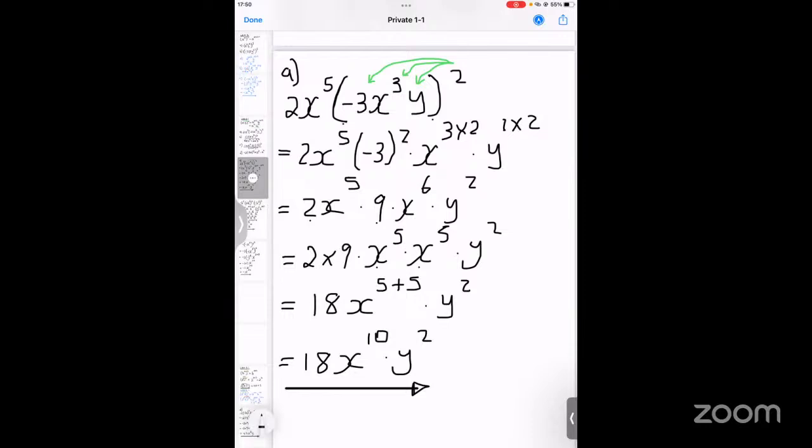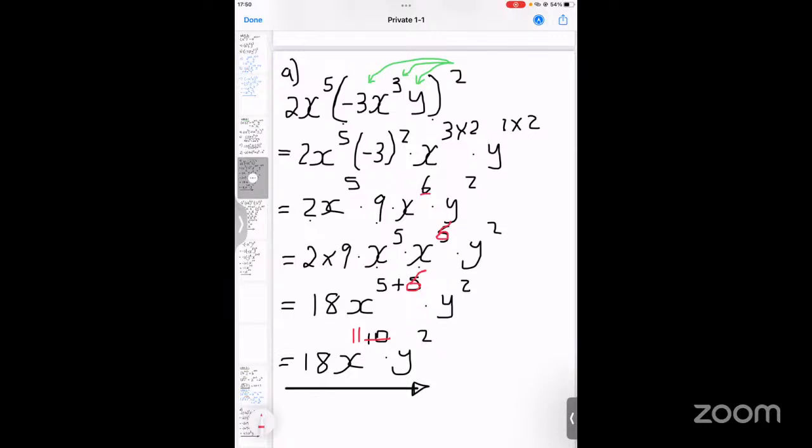But wait, it looks like I made a mistake somewhere. I don't know if you noticed, Langelihle. Yes, I can see. It's supposed to be 6 and not 5. Can you see? Yes, I can see. Yeah, so that means it's not 10 there, it is 11.